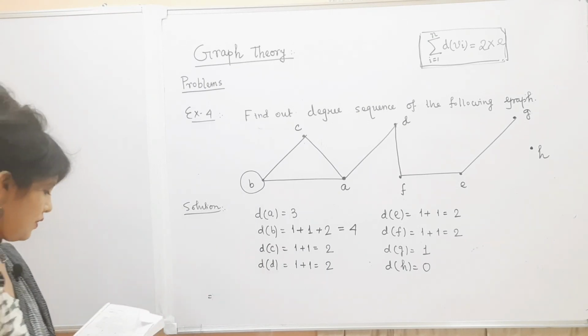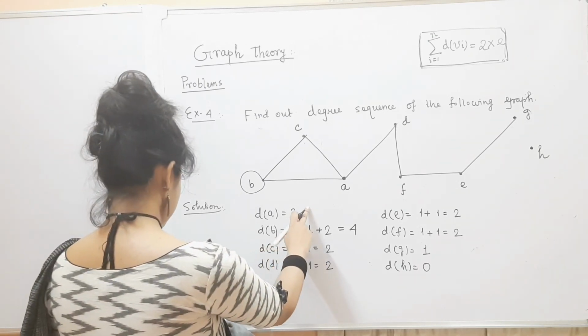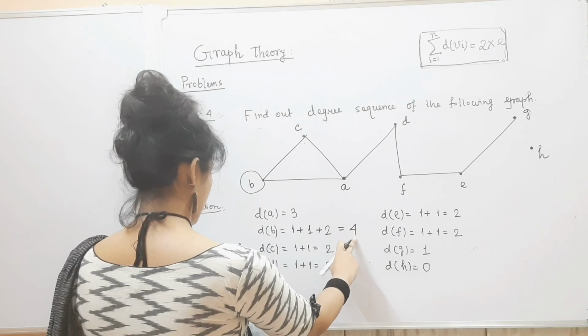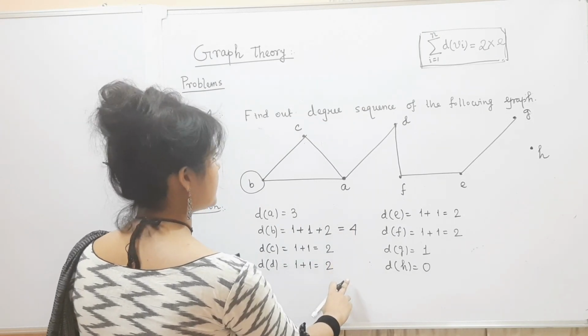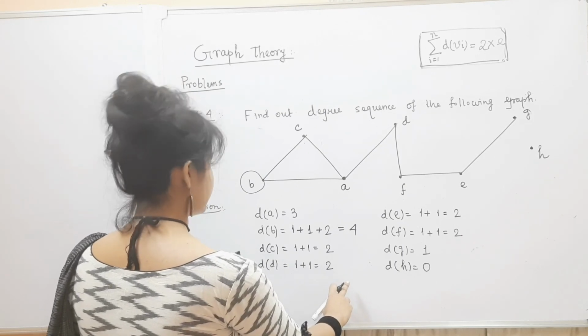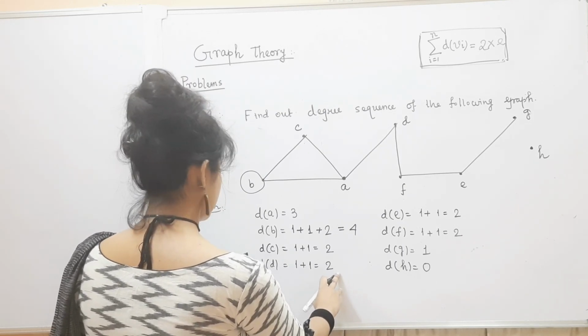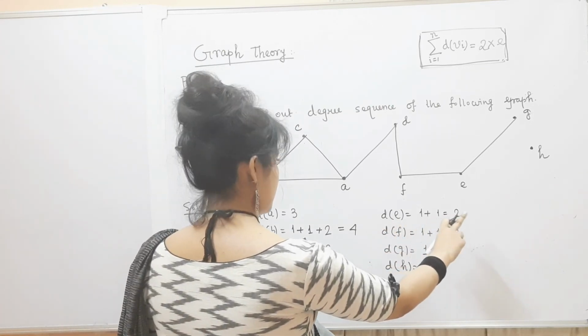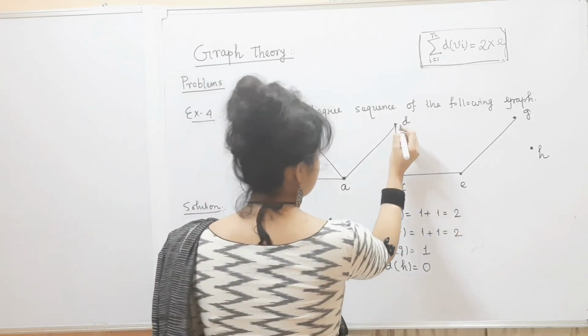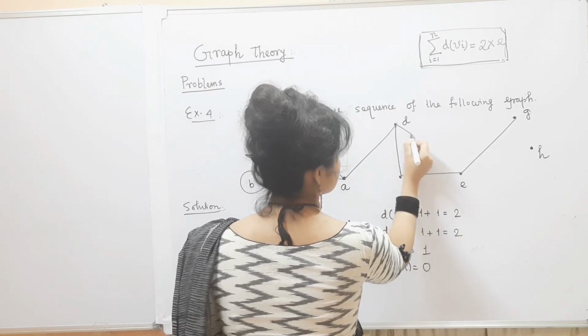Hope you have understood, this is 3, this is 4, this is 2, and degree of D is 2, degree of E is, okay, there is another edge, actually I have missed it.